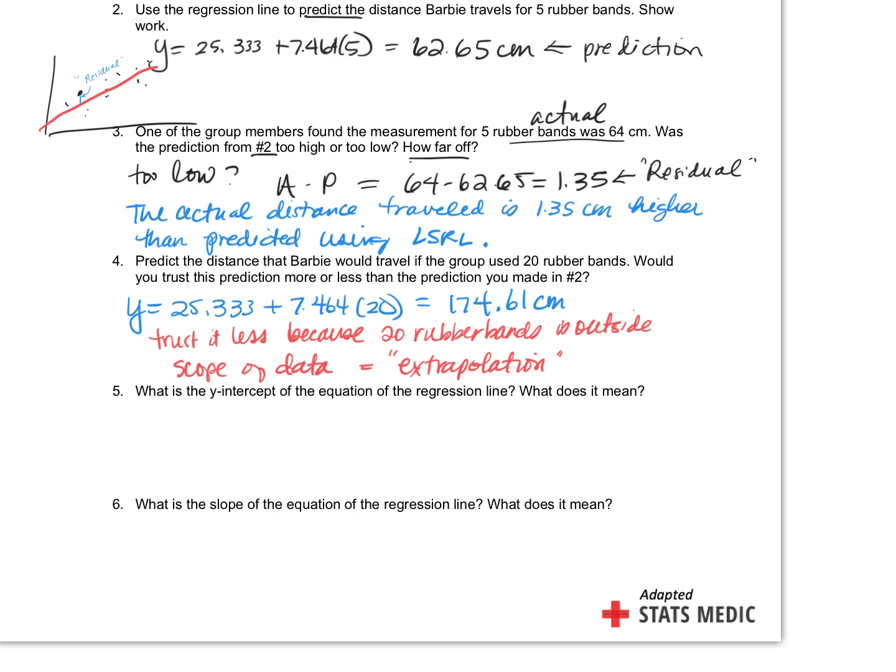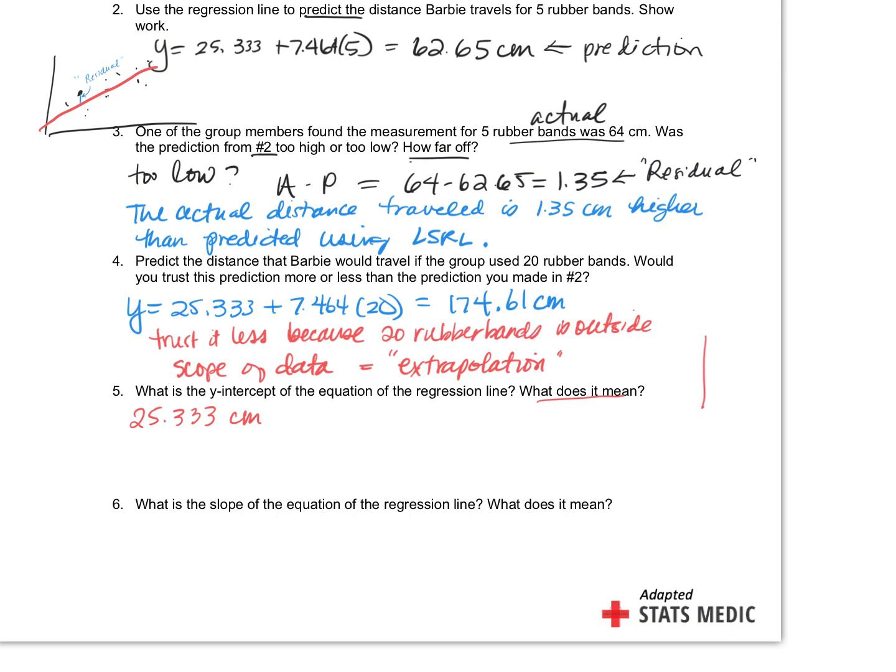All right. So let's go back then to our original equation. What did you say the y-intercept was? 25.333, and in this case that represents centimeters, right? So here comes stats. What does this y-intercept mean in context of the question?